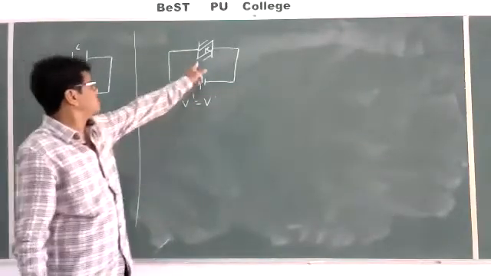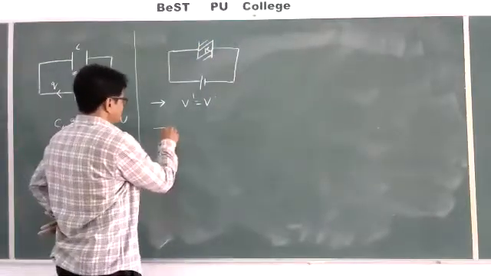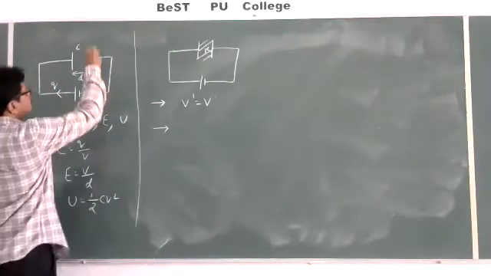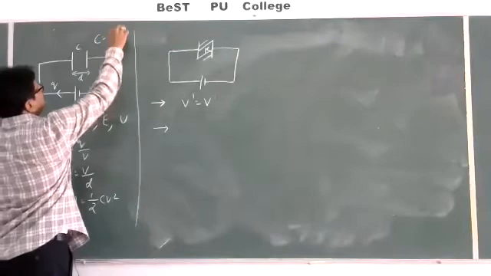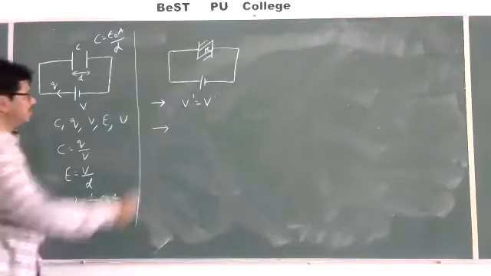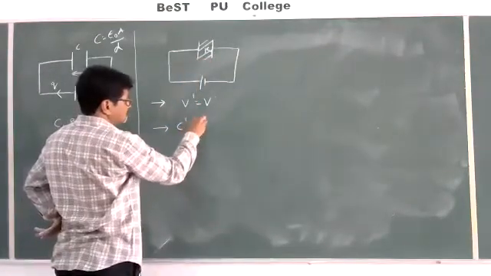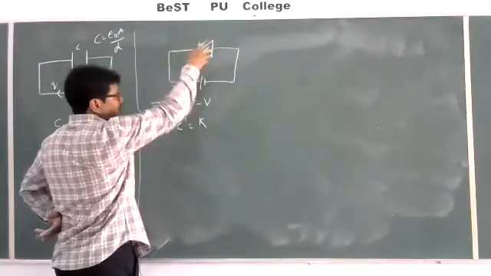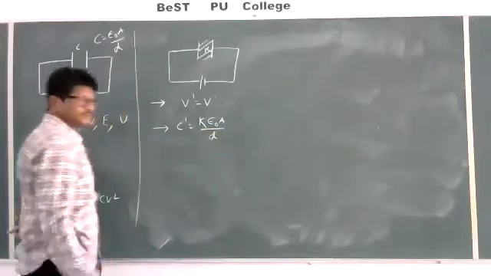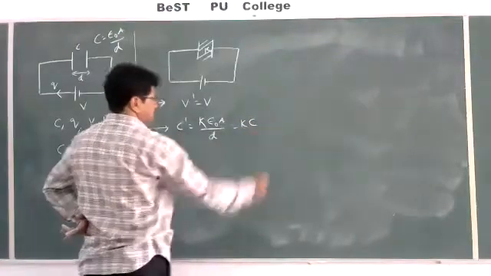Next, what happens to the capacitance? So what is the formula to find out capacitance? We can write C is equal to epsilon naught A by D, the capacitance of a parallel plate capacitor. Here what will be the new capacitance? C dash is equal to, introduce a dielectric completely, K epsilon naught A by D, which is equal to KC.